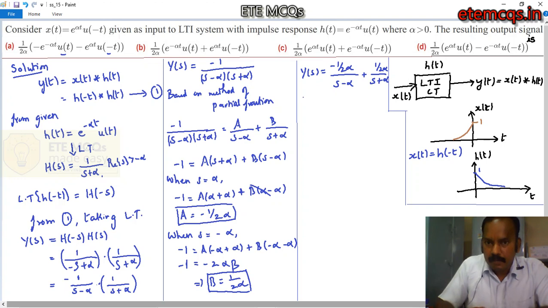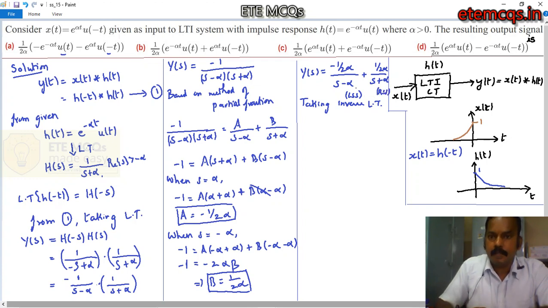Now taking the inverse Laplace transform, we know that the term s minus alpha corresponds to a left-sided sequence and s plus alpha corresponds to a right-sided sequence.